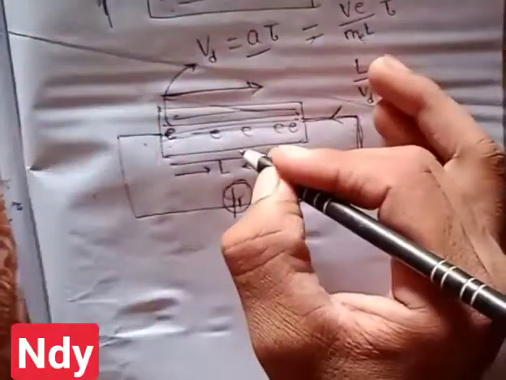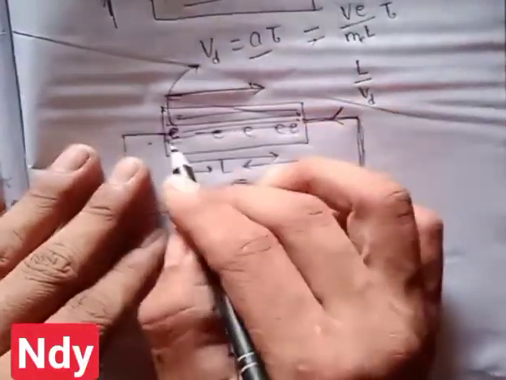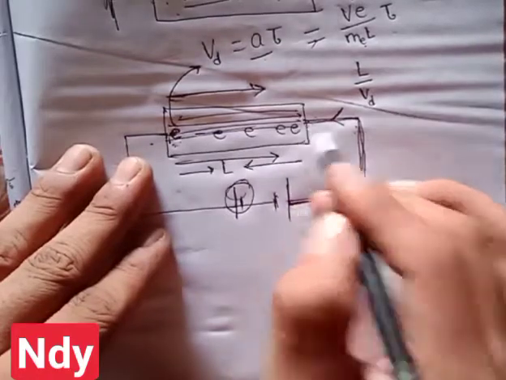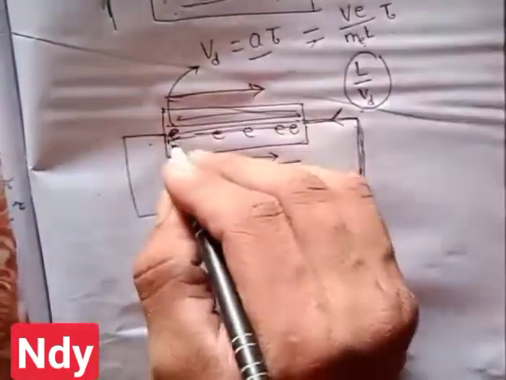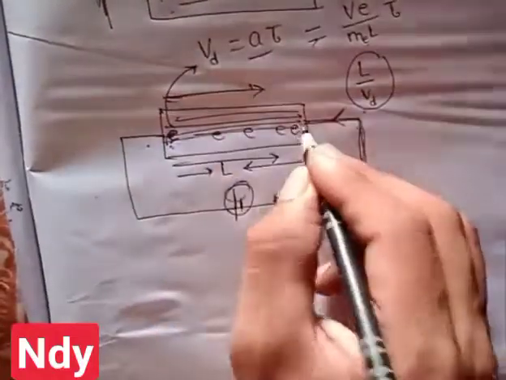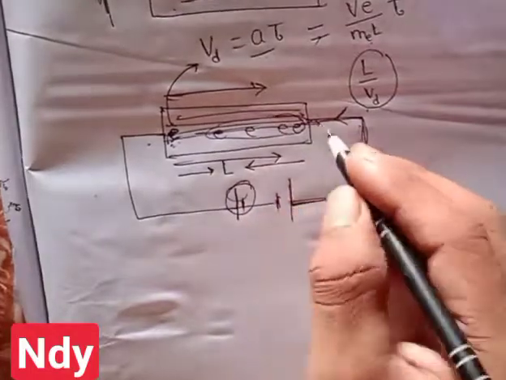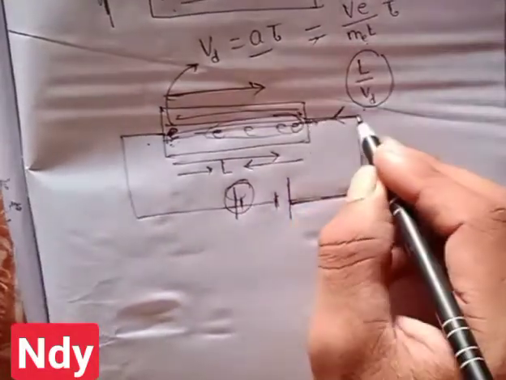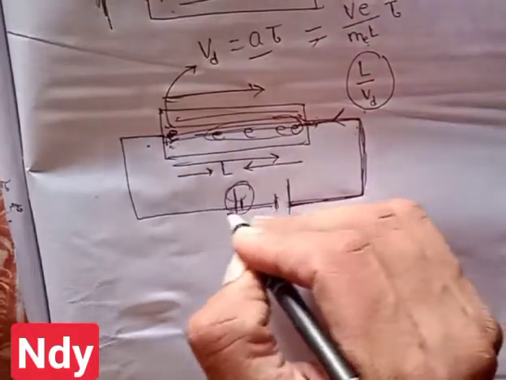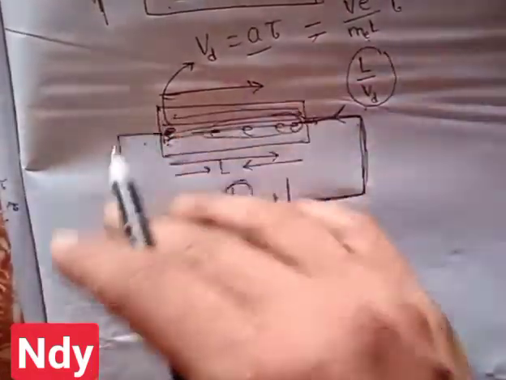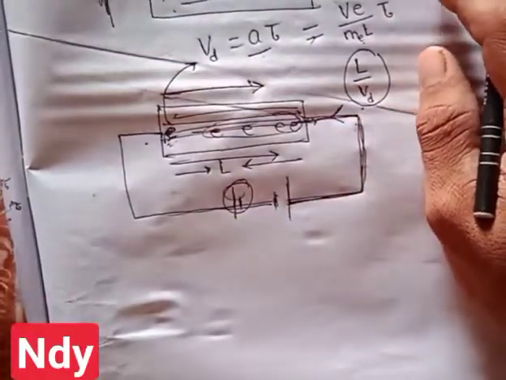So the time after which every electron of the metal will pass out of the metal is L divided by Vd, because if this electron passes out, all these others would have passed already. Electrons move in this direction, and then other electrons come. This way electric current flows.